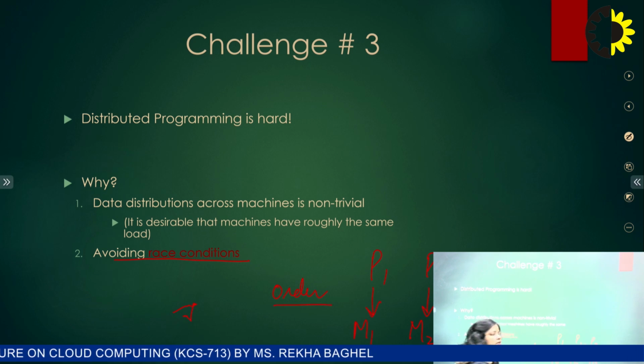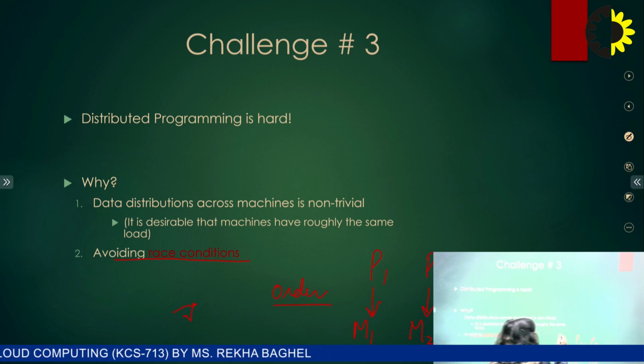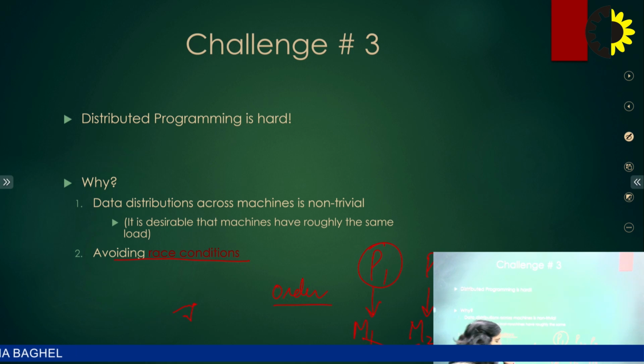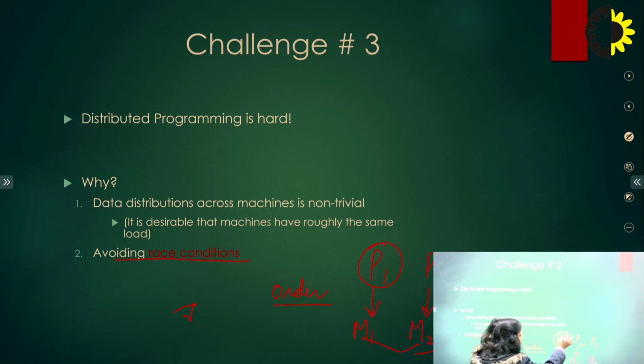When the results of all these processes are combined, the sequence must be P1, after that P2, after that P3, and the order of these processes will not be changed.